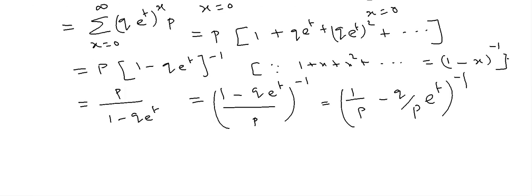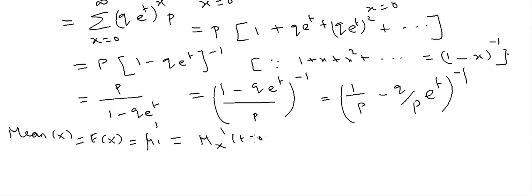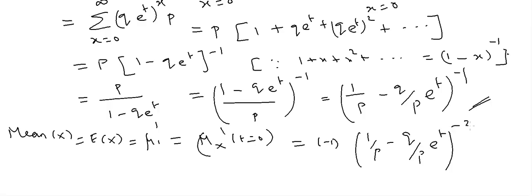Now by using the last derived format, I am going to derive its mean. Mean of x, which is nothing but E of x, that is equal to mu1 dash. Mu1 dash is nothing but M x dash of t at t equal to 0. When you differentiate this form at t equal to 0, we get minus 1, 1 by p minus q by p e power t whole power minus 2 into, when you differentiate the second term, minus q by p e power t.